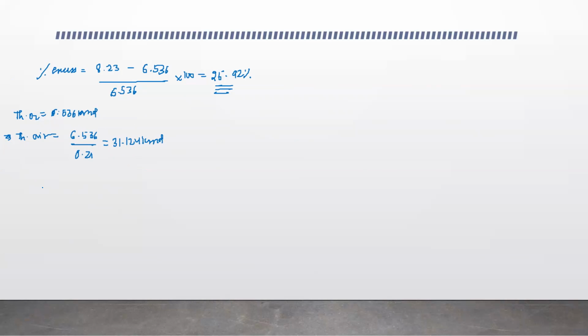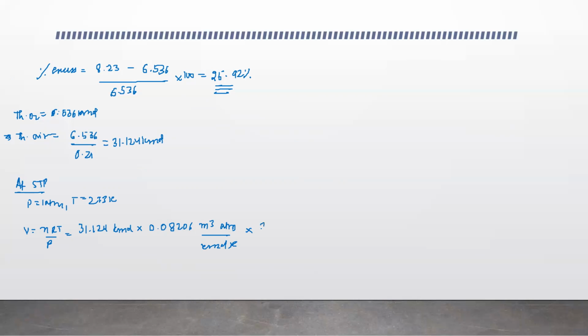We need to calculate volume at STP. So at STP, we know that pressure is 1 atm and temperature is 273 Kelvin, right? So we are going to use the ideal gas equation, V equals nRT by P. n is the number of moles, that is 31.124 kilomole, into R. Now again pressure is in atm, so we are going to use R as 0.08206 meter cube atm per kilomole Kelvin, right?